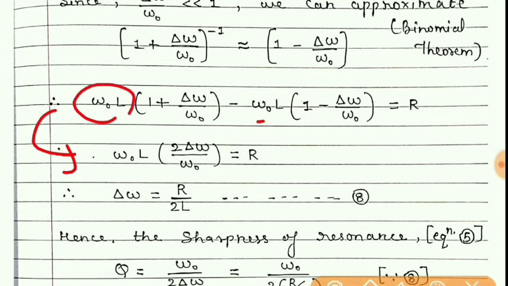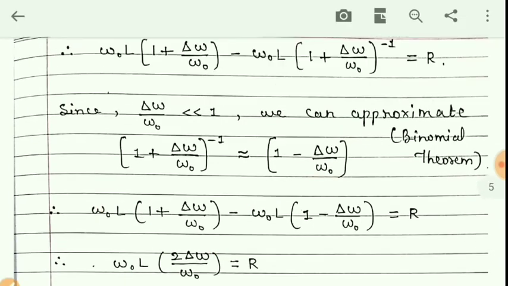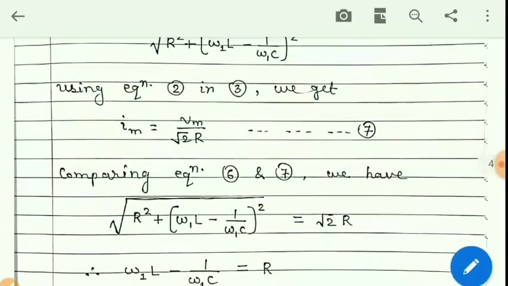Simply you have to take this common and then simplify the remaining term. Now omega naught will cancel, and if you make delta omega subject, then you will get delta omega is equal to R upon 2L. So here we obtain the value of delta omega by all this process.